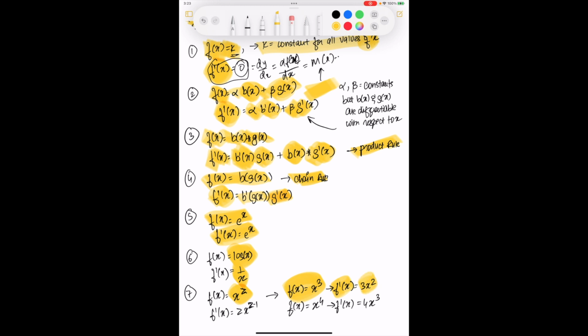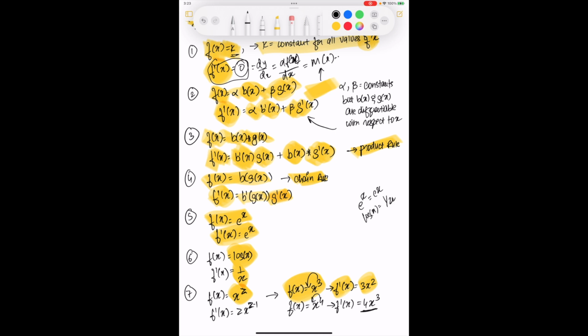Basically, you take the exponent in the front and then reduce it by 1. So x raised to 4: the 4 comes to the front, and x raised to 4 minus 1 is x cubed. So given e of x, the derivative is e of x. Given log of x, the derivative is 1 by x.